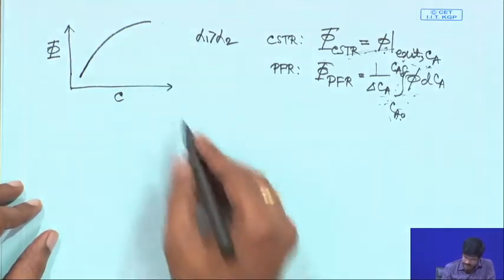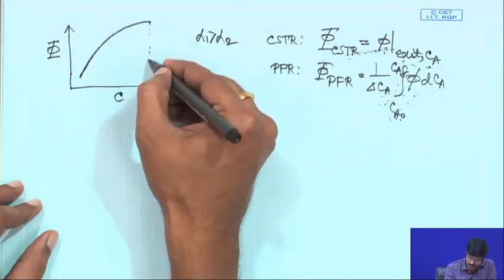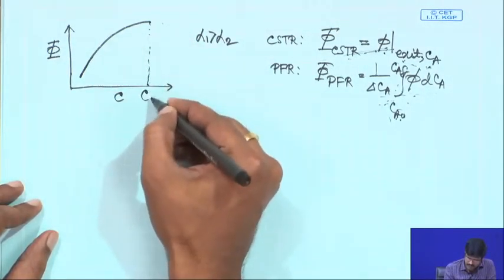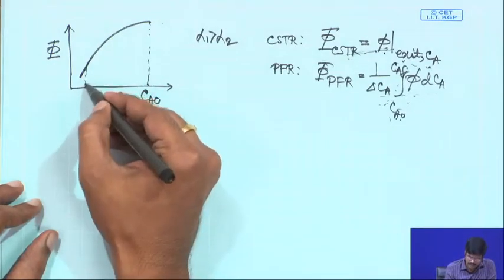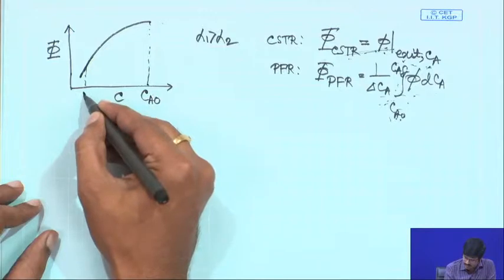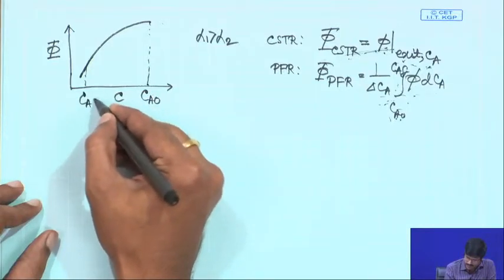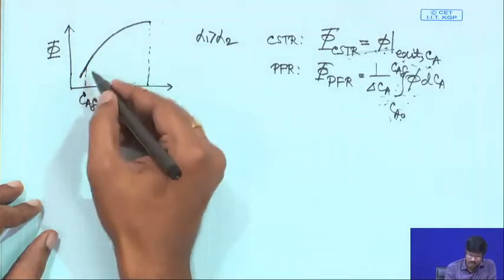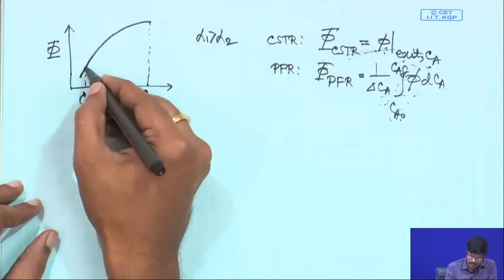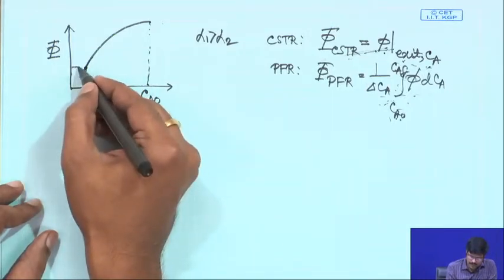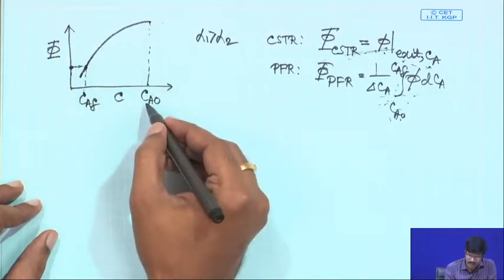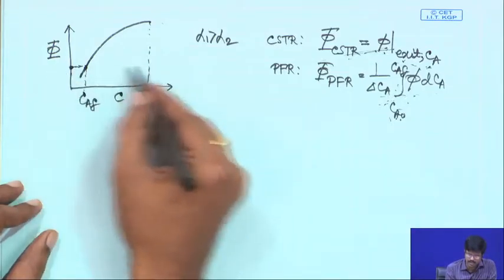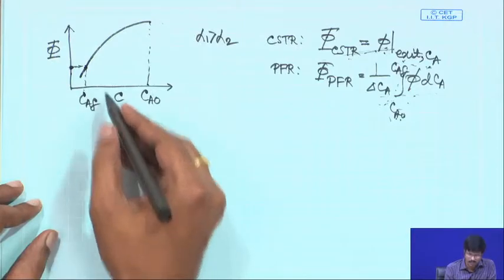Now, let us say this is CA0, the initial concentration, and this is the final concentration. Okay. Now, what is the yield at final concentration? That is this value. Now, as far as CSTR is concerned, this yield does not change throughout the system.